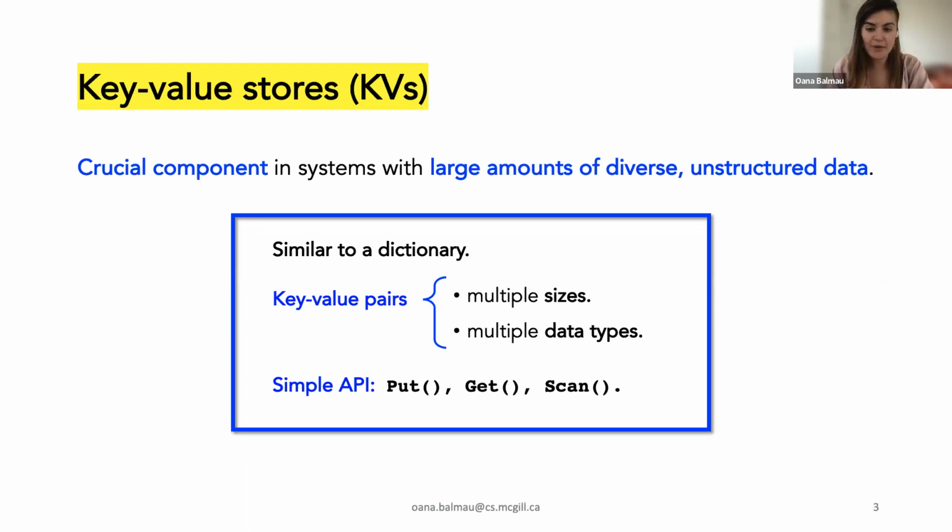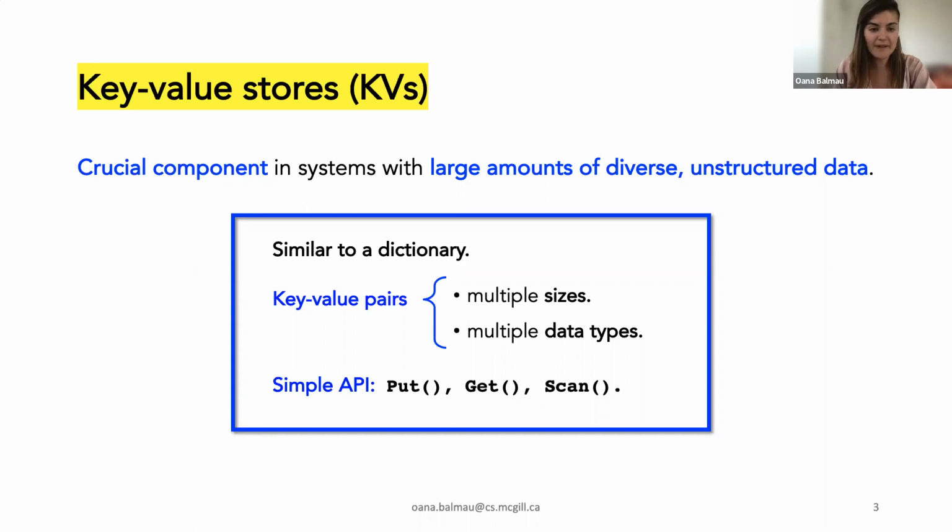So here by unstructured, I mean data that doesn't really fit in a predefined data model or a data schema. So we cannot a priori directly put it in a traditional relational database. So this is either because the schema hasn't been defined yet, or because the schema might change on the fly as applications evolve.